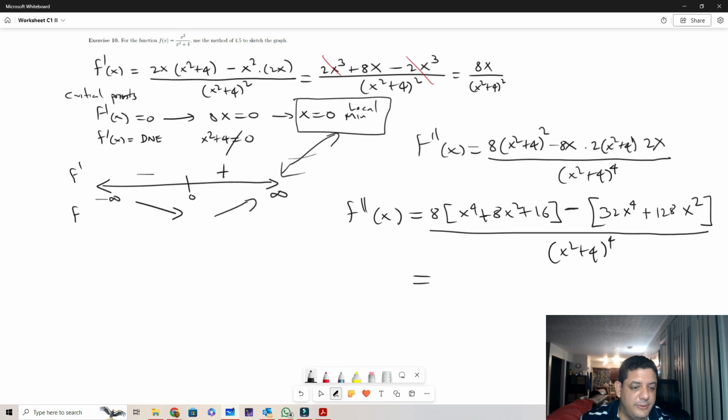So now I get to simplify some of this. Notice that I have things that I can match up, at least in terms of x to the 4 and x squared. This is 8x to the 4 minus 32, this is going to be minus 24 x to the 4th.